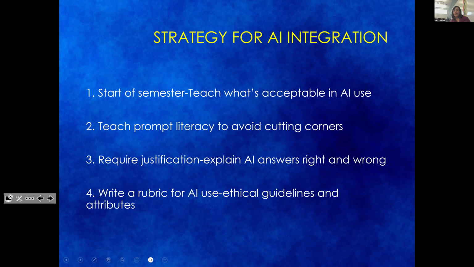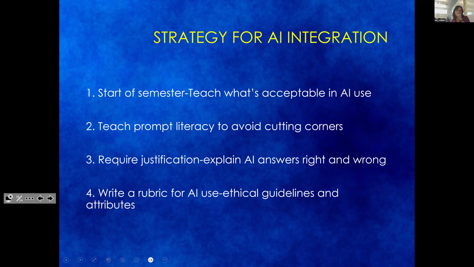So the strategy for AI integration starts, at the very start of the semester, of course, with the syllabus, which is teaching what's acceptable in AI use. And the second thing would be teaching prompt literacy, which doesn't take a lot, but just having the students go into depth to avoid cutting corners, telling them you're not interested just in the answer, you want to see the process.